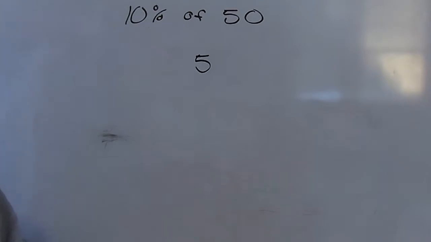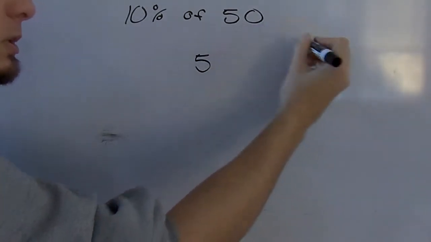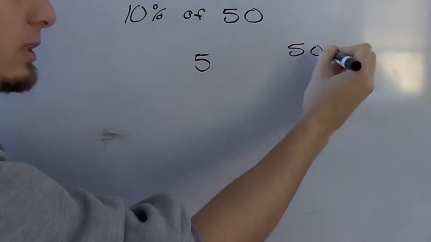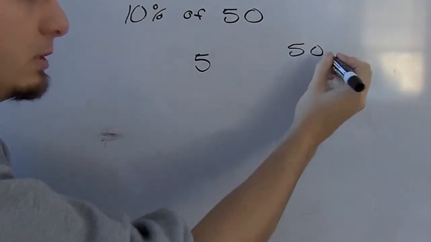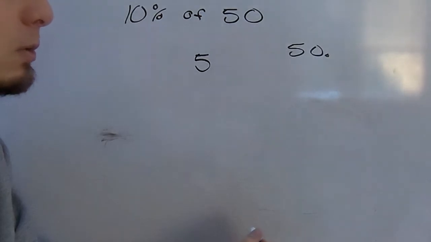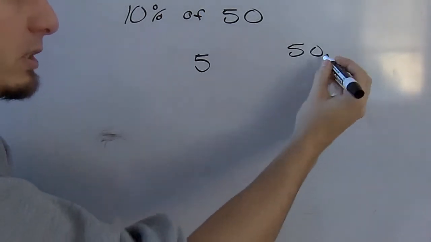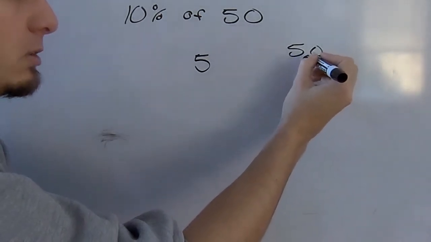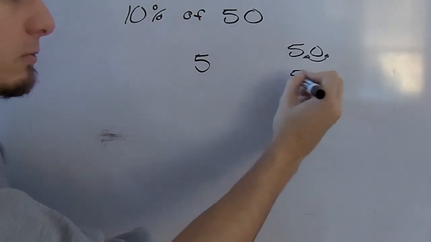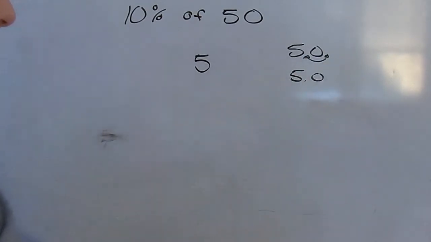So if you want to find 10% of something, for 50, for example, 10% of 50, if you don't see a decimal in a number, the decimal's at the end of it. So in this case, you would move the decimal back one space, and you would get 5.0, or in other words, 5.